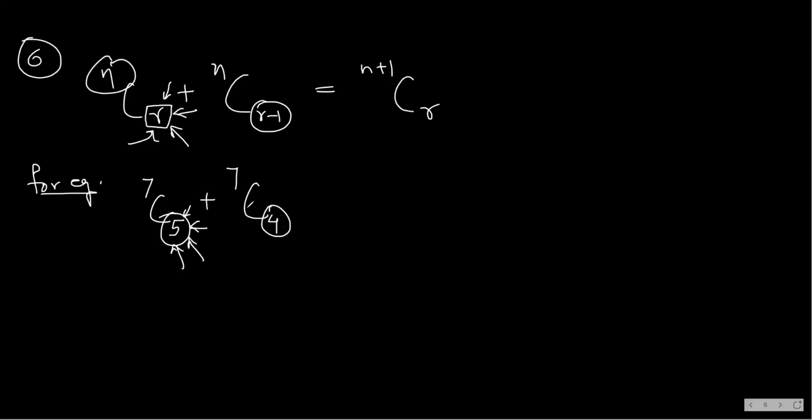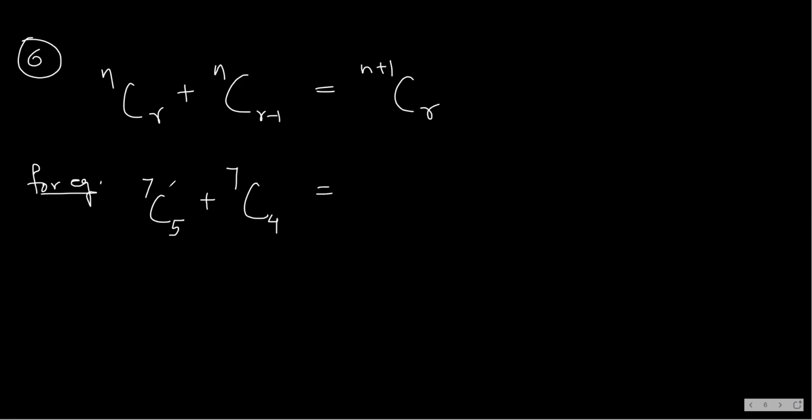So the right hand side becomes 7 becomes 8, and here you write the bigger one, that is 5. So this is just a formula that nCr plus nC(r minus 1) comes the same as this. If I calculate 7C5 and 7C4 and add them, its value is going to be 8C5.